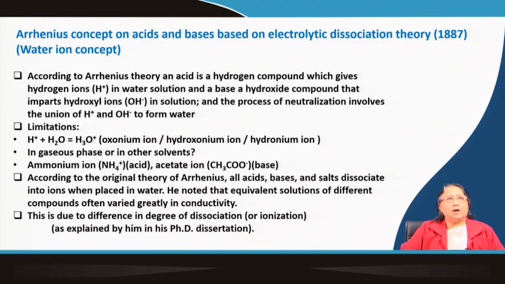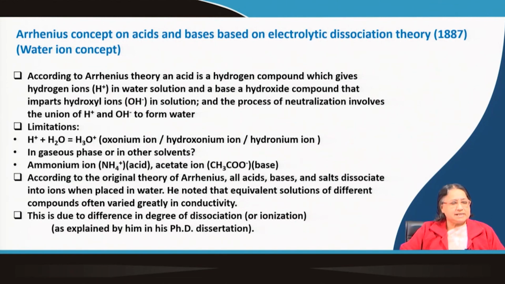This is also called the water ion concept, and it was first given by Arrhenius in his PhD dissertation, where he explained it as the electrolytic dissociation theory in 1887.